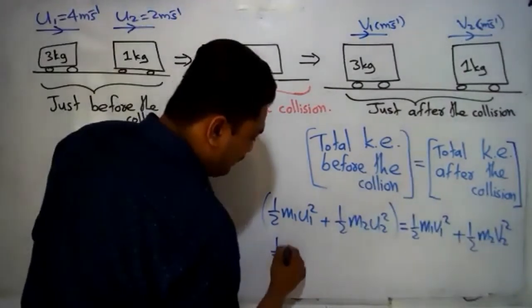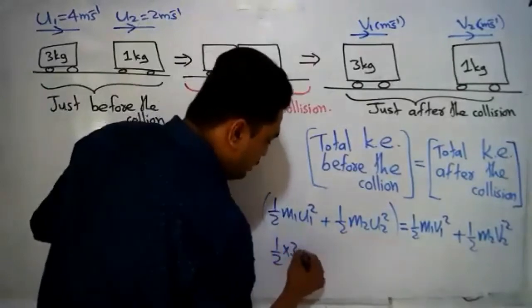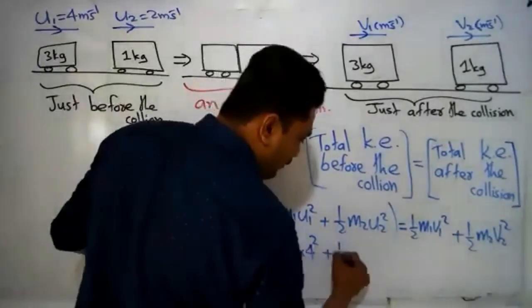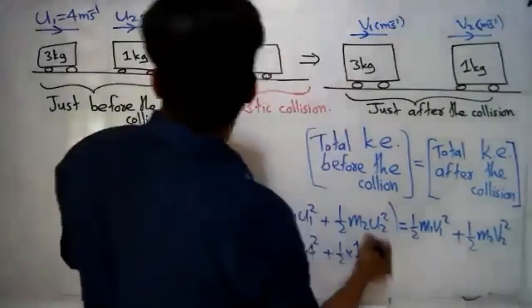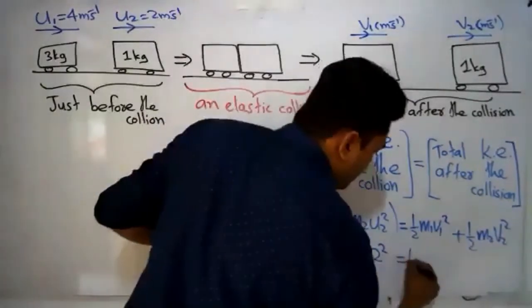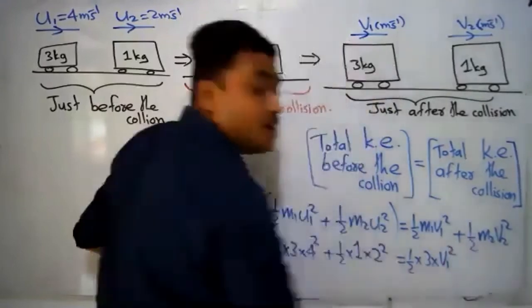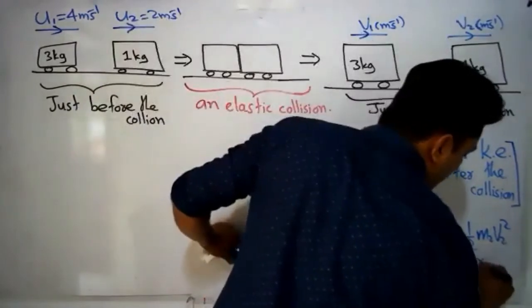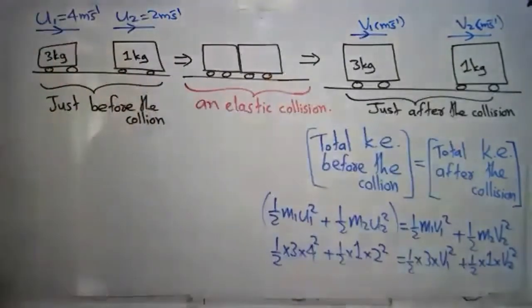So it is half, m1 is 3 kilogram, u1 is 4, square of 4, plus half, m2 is 1 kilogram, u2 is 2 meter per second, squared, equals half, m1 is 3 kilogram, v1, we don't know the value of v1, plus half, m2 is 1 and we don't know the value of v2.